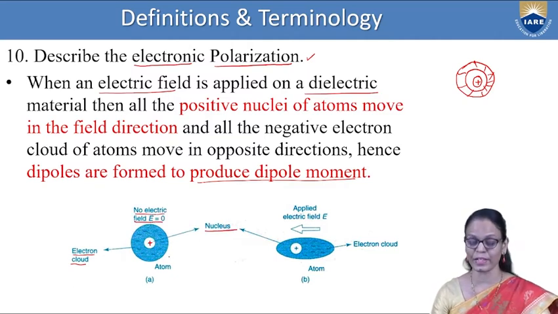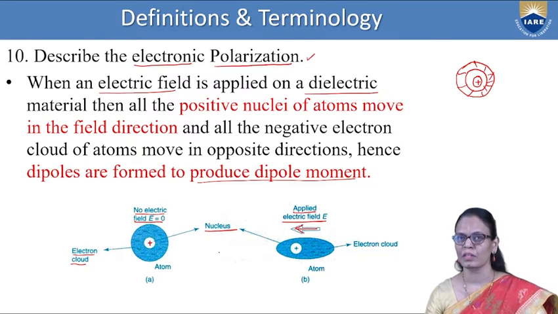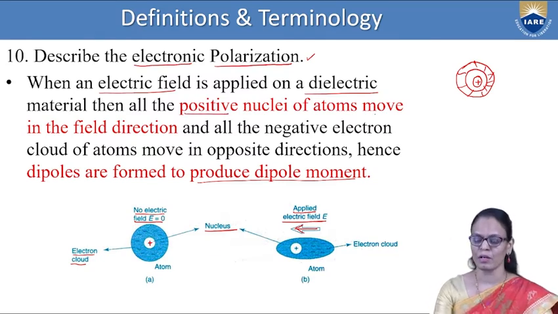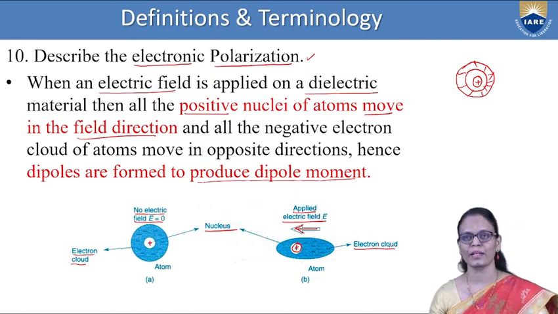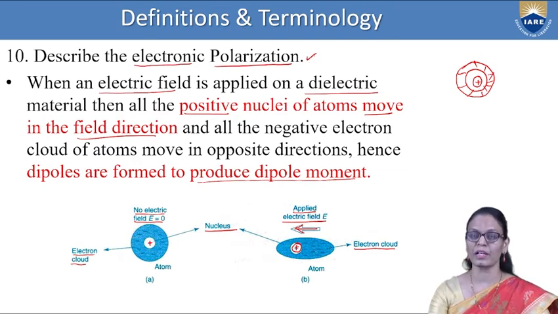But when an electric field is applied, in this direction, the positive charge moves in the direction of the field, and the negative electron cloud moves in the opposite direction, and that creates a dipole moment, which gives rise to electronic polarization.